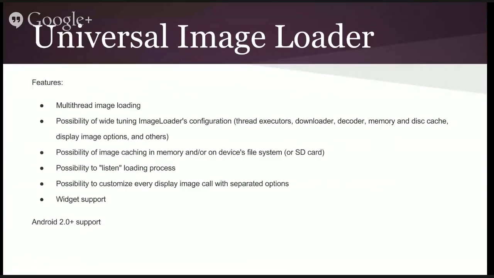A nice thing that I like personally about Universal Image Loader is the loading process. It gives you a nice set of callbacks where it becomes a little similar to async tasks, but it does give you a whole lot more information as to what's going on with the request itself.